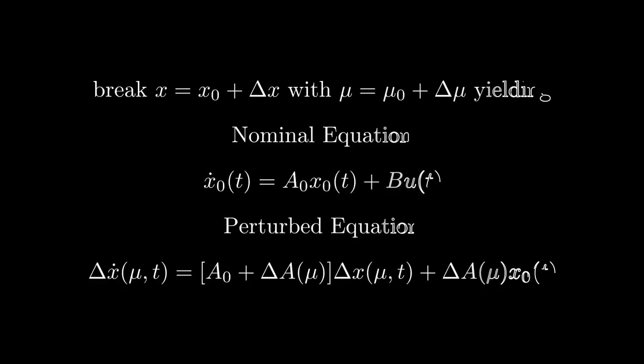To this end, we broke the solution, system matrices, as well as the parameters into two parts, the nominal and the perturbed part. Then we obtained two new equations, namely the nominal and perturbed equations, by inserting the expressions x equals x naught plus delta x, mu equals mu naught plus delta mu into the original equation.